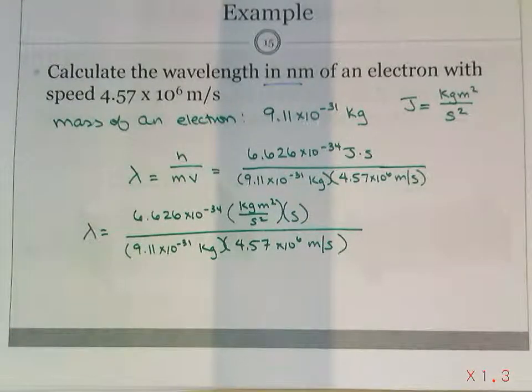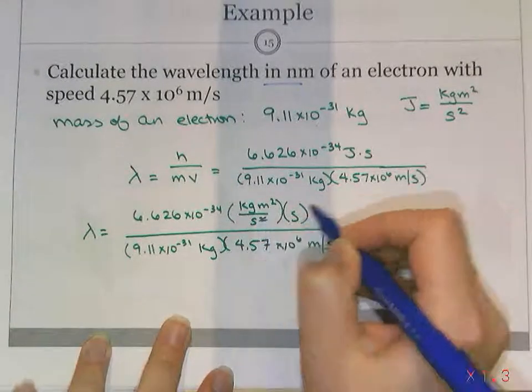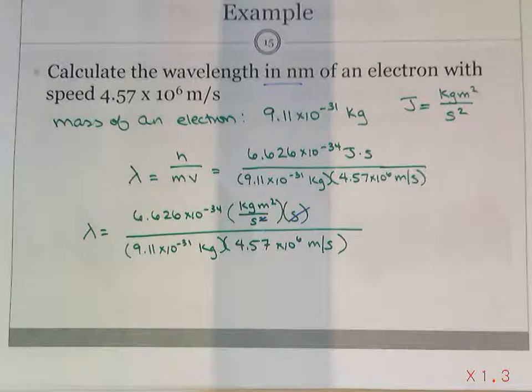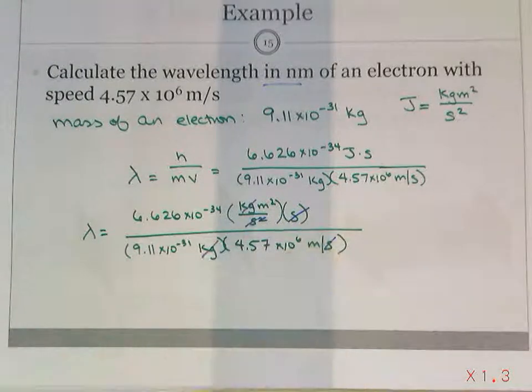All right, what is one thing that can cancel out unit-wise top to bottom? Okay, I can definitely get rid of some of these seconds. I can get rid of that one and that one. What else can I cancel out? Yep, the other seconds, that and that, and then the kilograms. And then what's left? Yep, I can get rid of one of those meters, one of those.